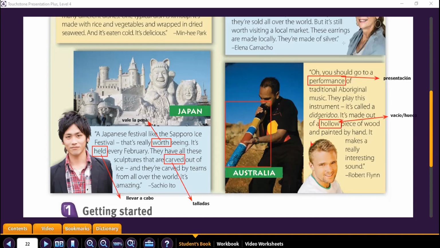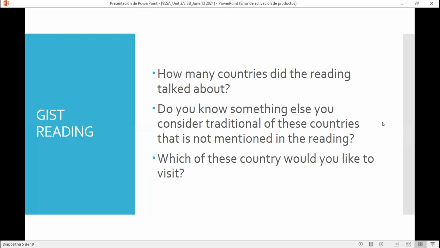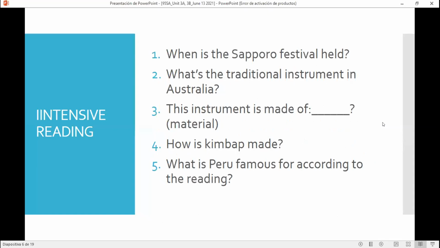So here we have some different words, guys. Please write them down. Escriban en sus cuadernitos o en su libro el significado de estas palabritas. And now that we have seen the meanings of this and we have read this about these 4 different countries, please, guys, help me answering the following questions. So, when is the Sapporo Festival held?